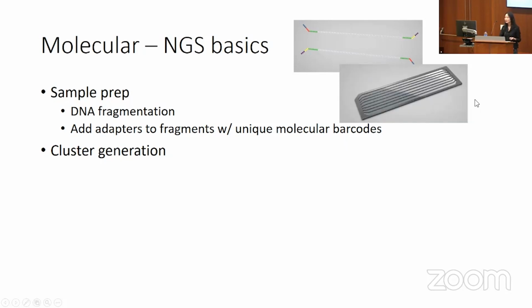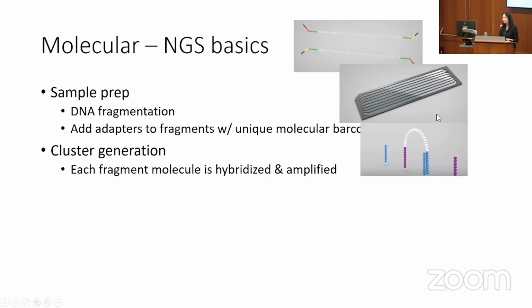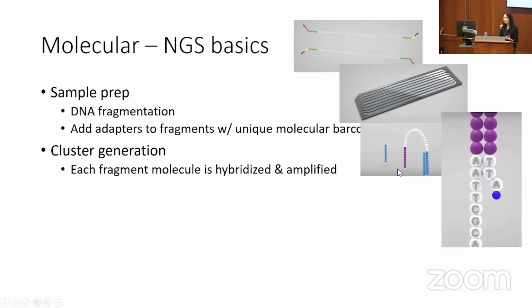So this is a particular technology, this is a flow cell. These DNA fragments with the adapters on them go onto this plate essentially, and each fragment is hybridized to the plate and amplified. So here's a fragment of DNA that is getting hybridized, and it will get amplified and bridge again to have a cluster of DNA that is all onto this plate.